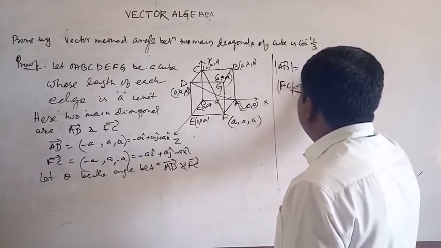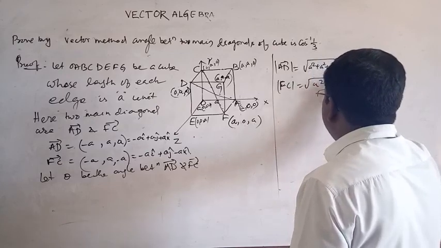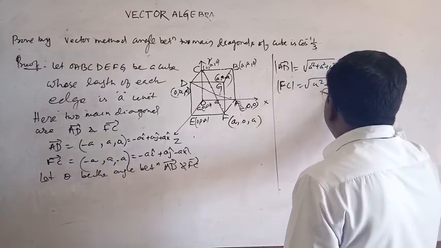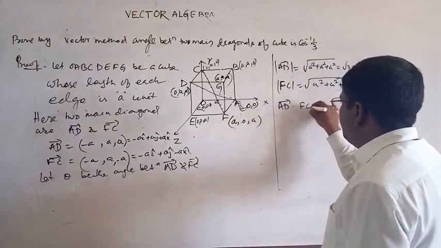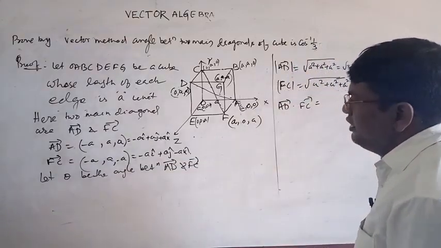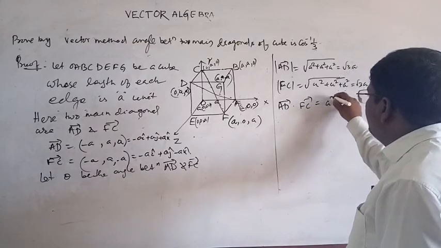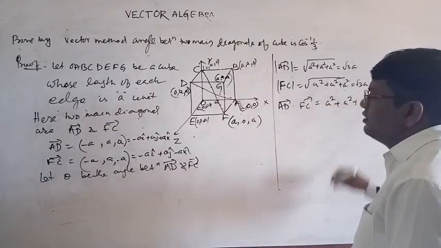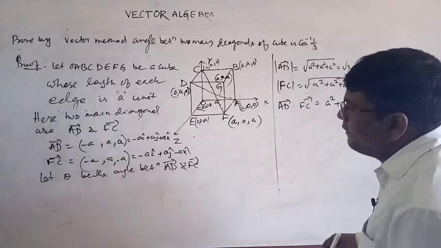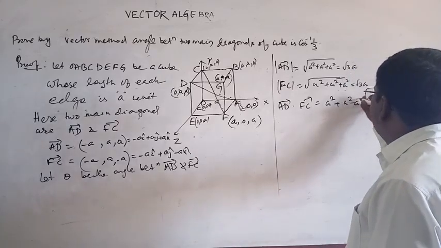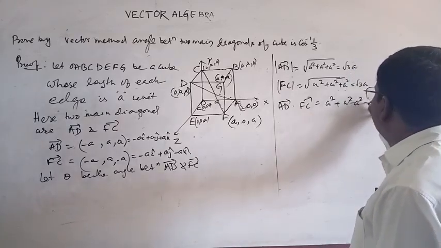FC magnitude is also root 3 a. Now AD dot FC is a square plus a square minus a square, that is a square.